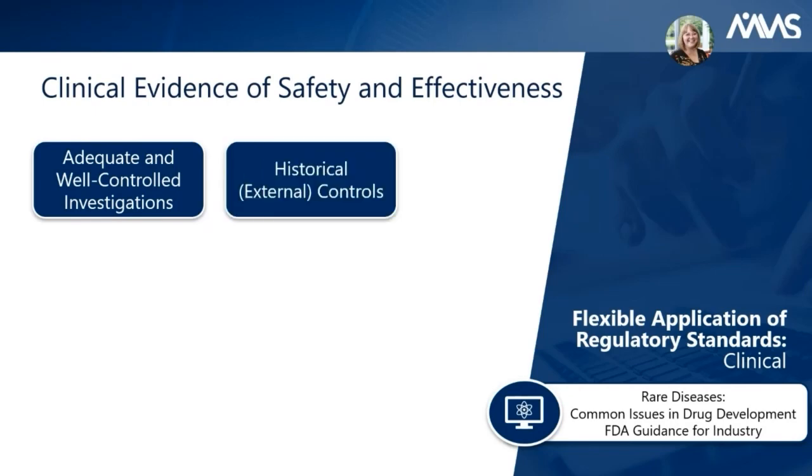Okay, so let's talk about historical controls or external controls. Although concurrent controls are much preferred and a randomized controlled trial will be required whenever it's feasible, a historical control may be allowed in certain rare circumstances where therapeutic context makes other trial designs impractical or unethical.